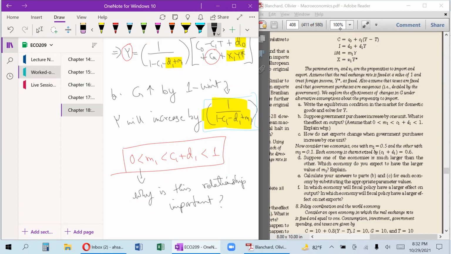Or rather, you may try to answer, what would be the problem if this relationship did not hold? Because remember what I've said at the very beginning of this semester is that Eco 209 is your third macro theory course. We are going to get a bit technical.